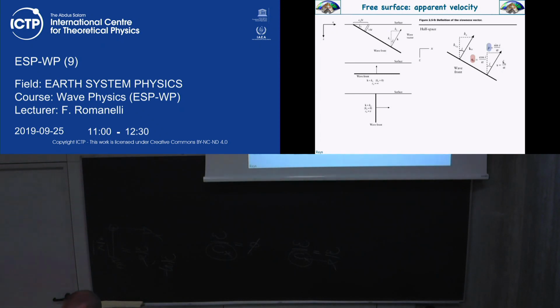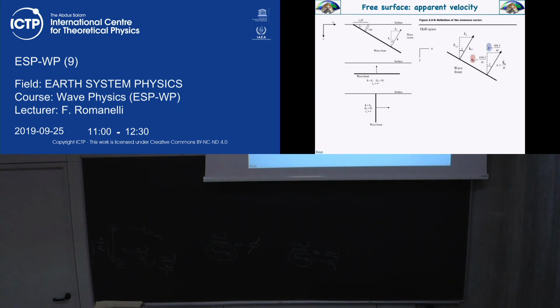Let's decompose K into Kx and Kz. Easy. Well, if you know that angle, that's easy, right? Kx will be K sine of I. Kz will be K cosine of I, right? Good.